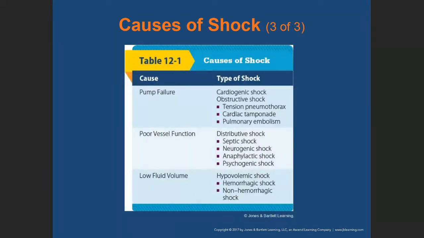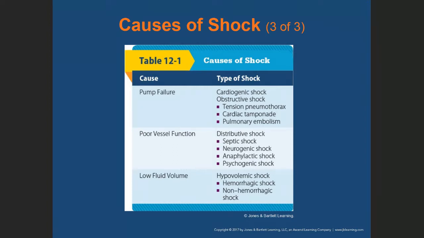All right, now the types of shock. You have pump failure, which can be cardiogenic or obstructive. So pump failure or issues with the heart can be as a result of direct damage to the heart muscle, or it can be because something is obstructing the movement of the heart muscle, whether it's a tension pneumothorax, cardiac tamponade, or pulmonary embolism.